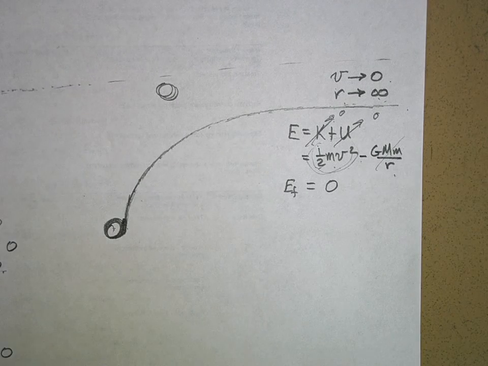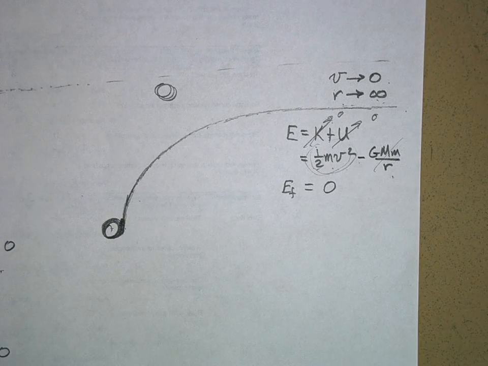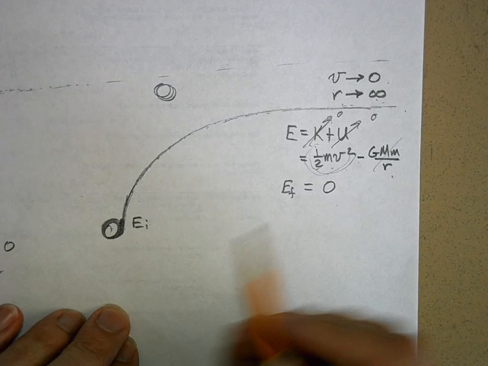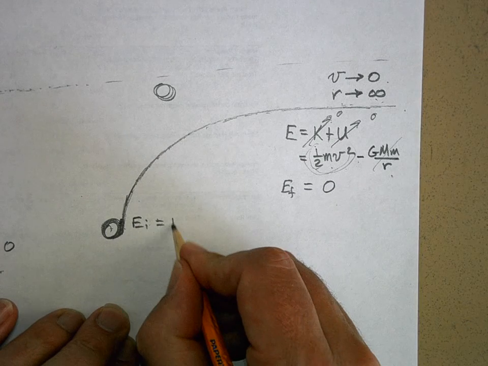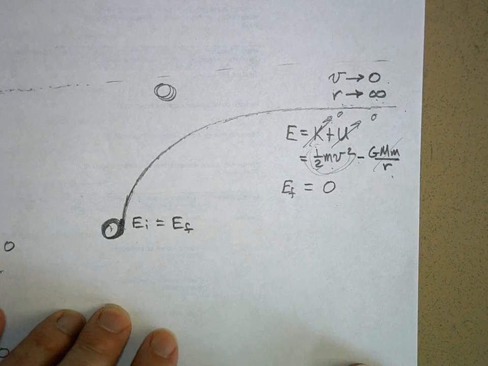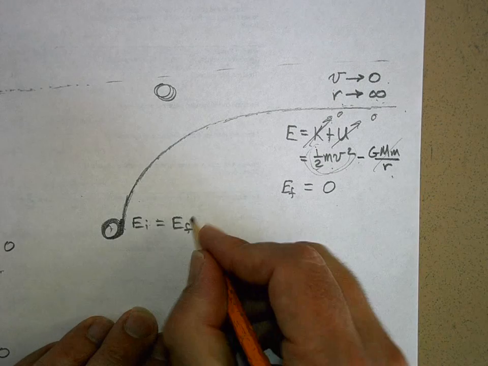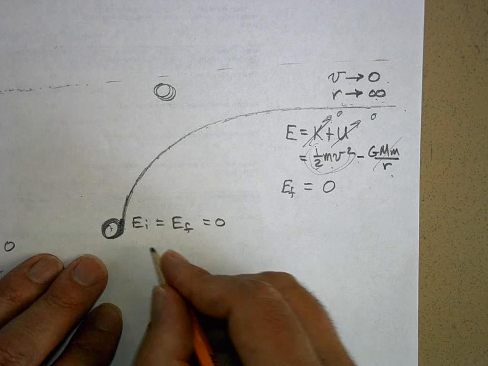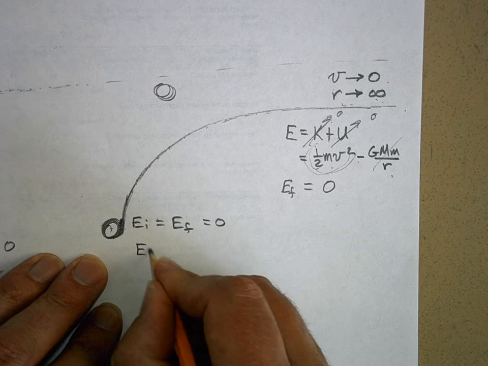But look, once you shut the rocket down and have achieved escape velocity, the only force doing work is the force of gravity, which means that E initial is going to be equal to E final, which is equal to zero. Which means that E initial, now look, here we're not going 0.